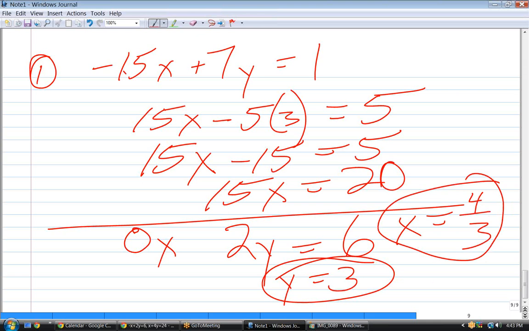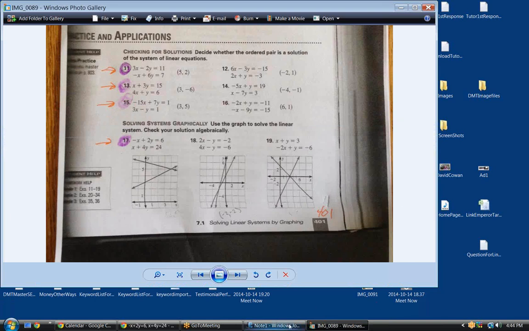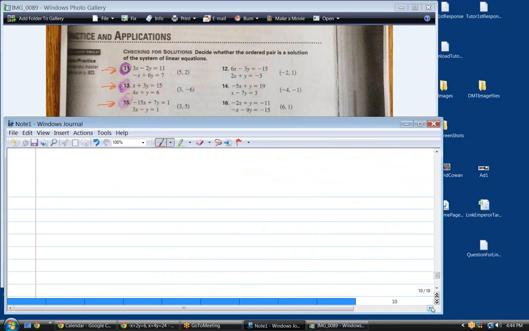Notice we're doing exactly the same thing on every one of these. We're trying to get one of the equations manipulated so that a variable will disappear when we add them together. Now, that's not the only way to solve equations. Let's cover the other way that you're bound to be learning at the same time.